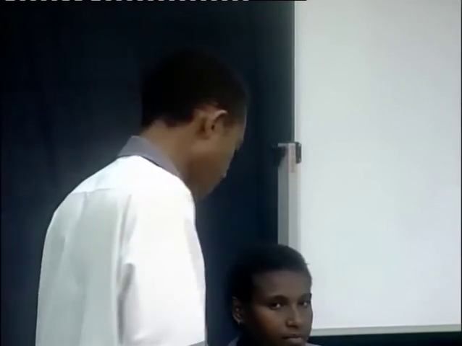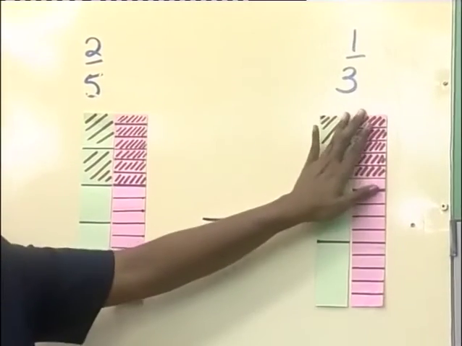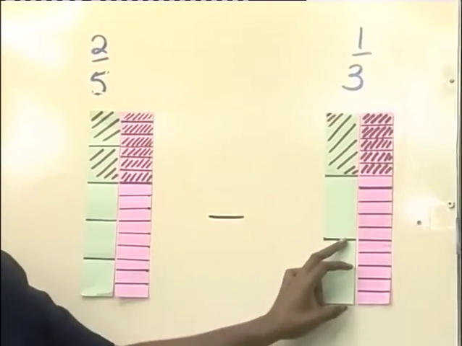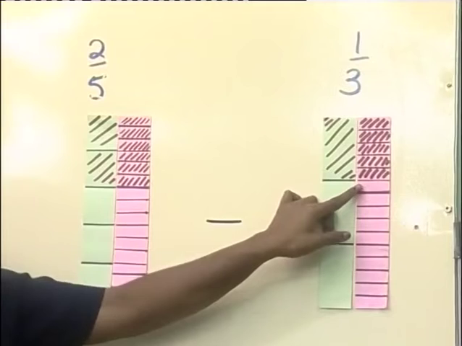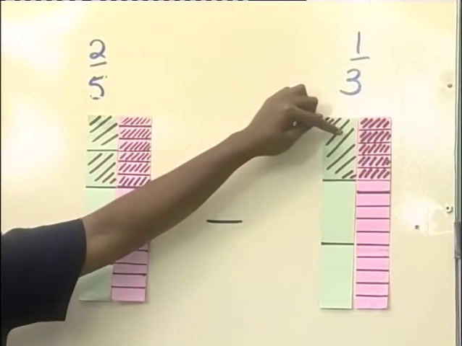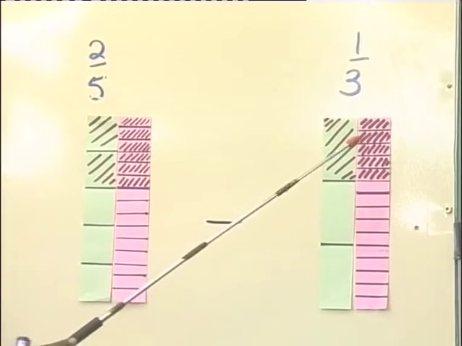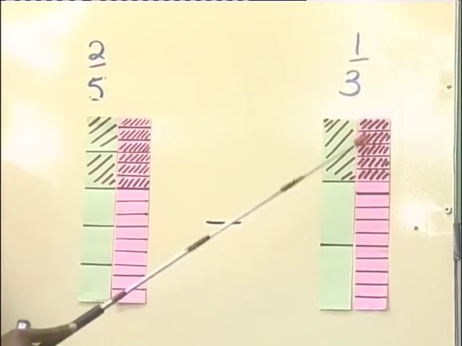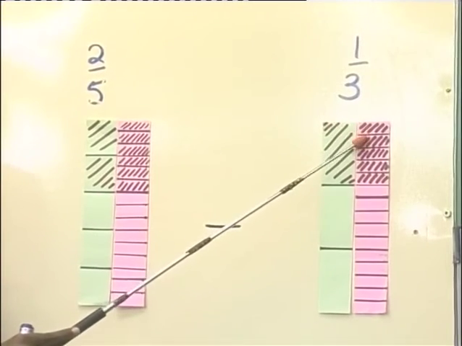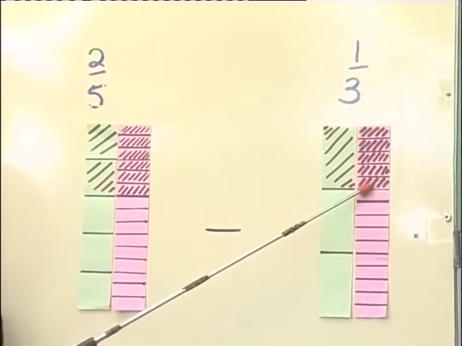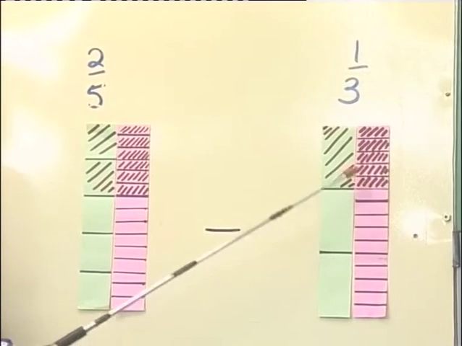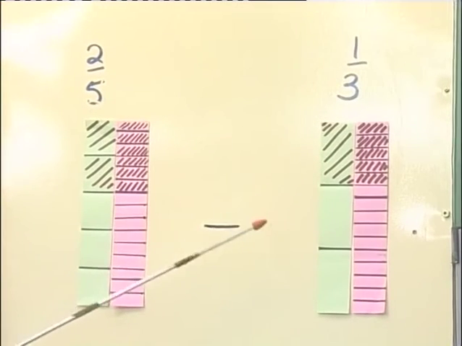Yes? All right, let's see if he's correct. Place your strip next to 1/3 and let's see. How many 15ths? 1, 2, 3, 4, 5. 5/15 is equivalent to 1/3.